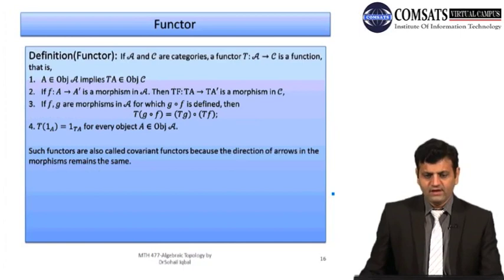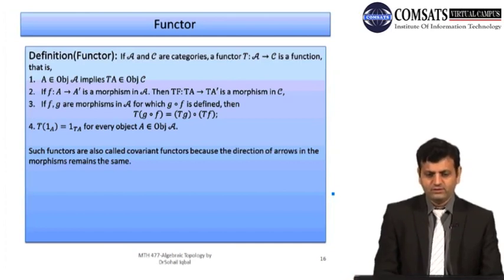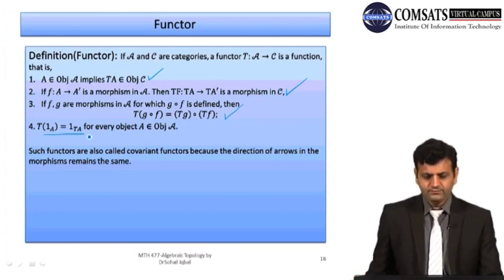Because a category has objects, morphisms and a composition rule, a functor should respect all of these things. So for objects I should get images of objects, for morphisms I should get images of morphisms, and it should also respect the associative property, and the image of identity should be identity. Okay, so that is what a functor is.